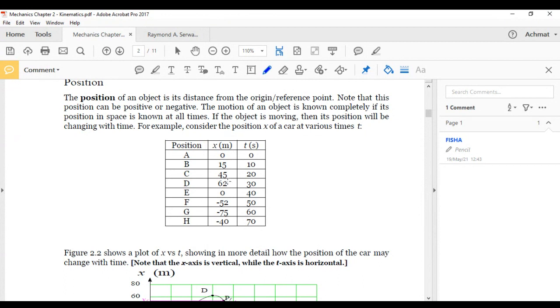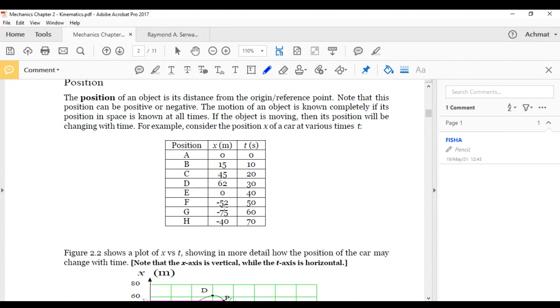In the positive direction to the right, it increased from 0 to 50, 45, 62. And from 62, it went back to 0 at 40 seconds. And then we went further to the left at minus 52, minus 57, and then going to minus 40, which means from here, we went to the right again to get to that one. Okay.